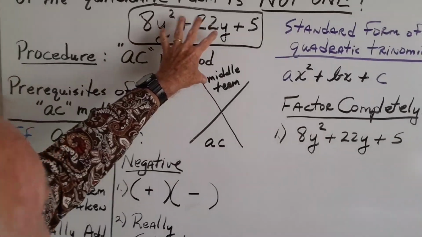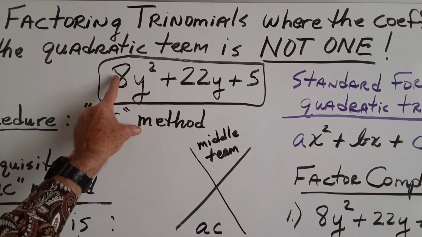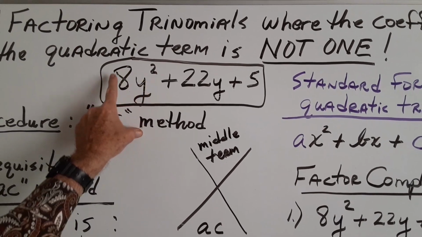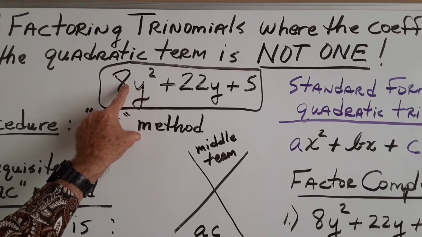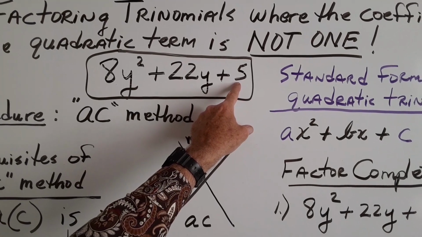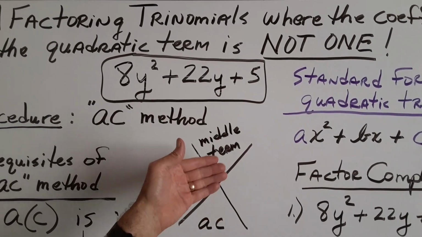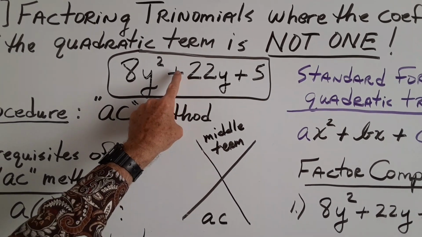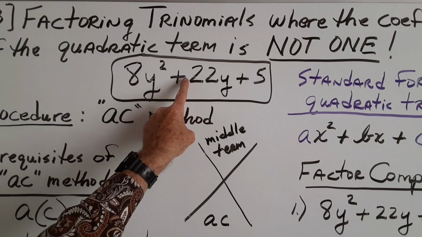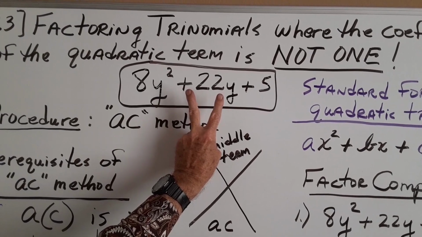Here's the mechanics of how it's going to be changed. We will leave the quadratic term, or the first term, as is. We are not going to meddle with it at all. We're not going to change it at all. Secondly, the last term, we're not going to change it at all. The first term and the last term will remain the same. It will be the middle term that we will split up into 2 terms.